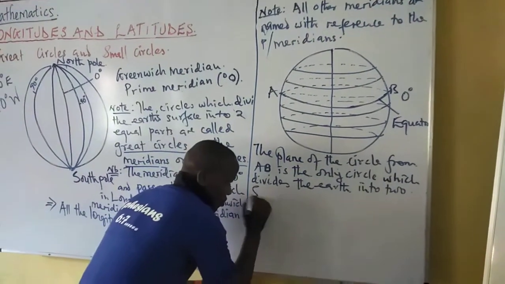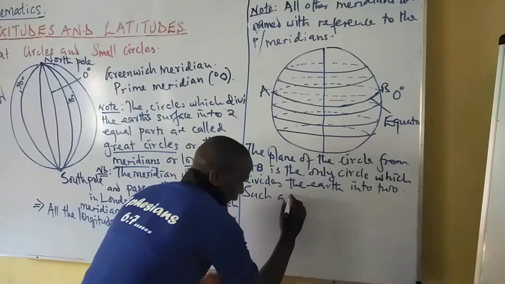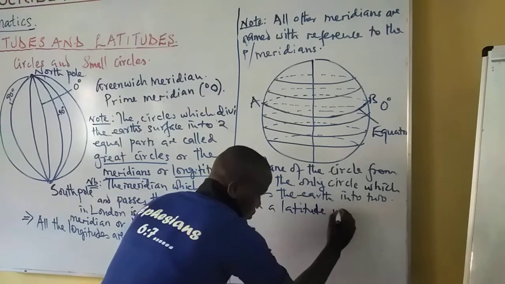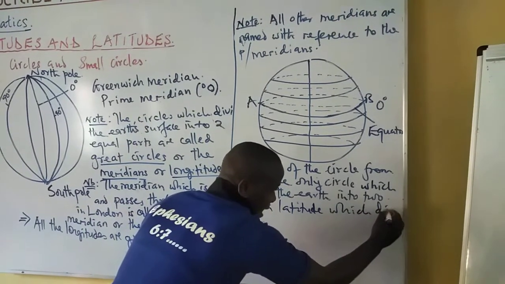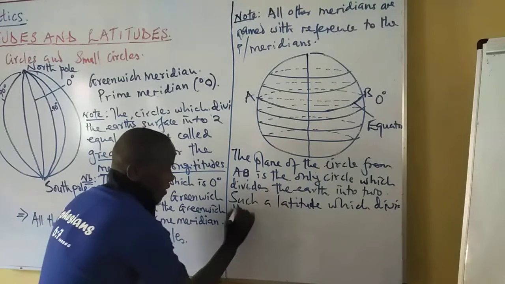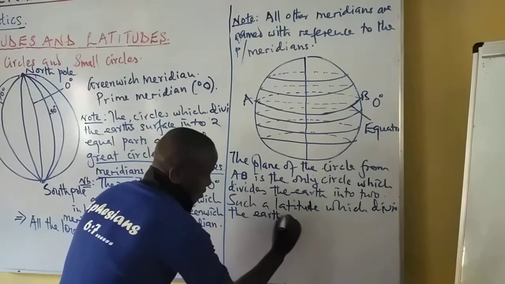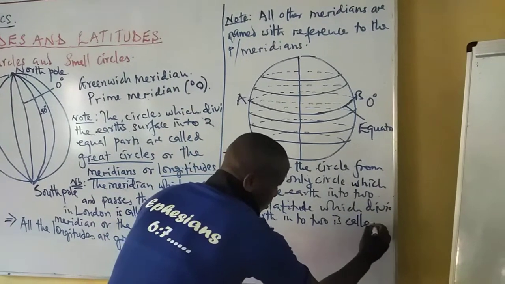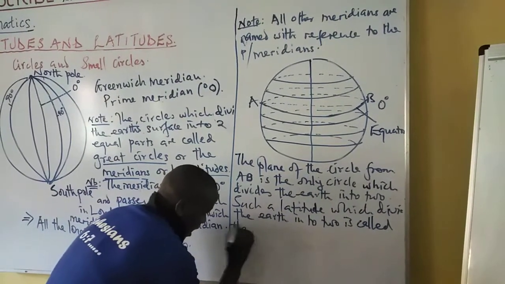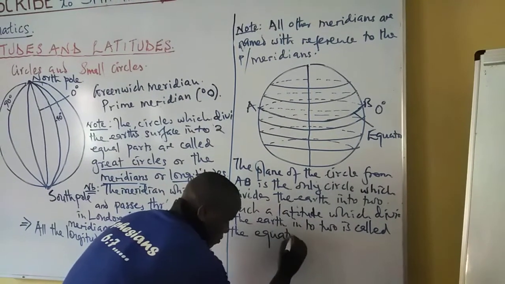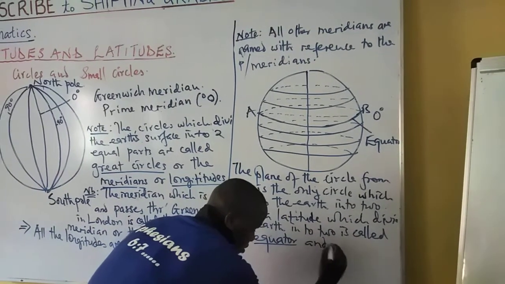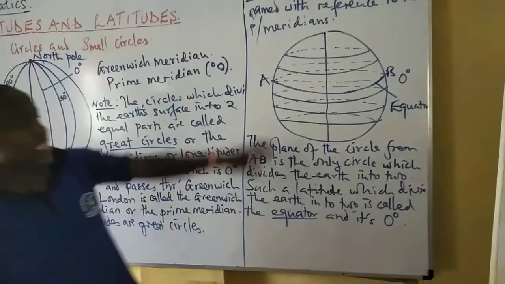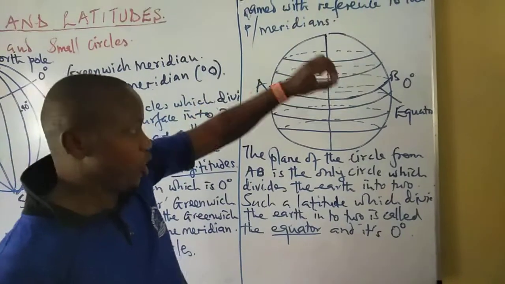So such a latitude which divides the Earth into 2 is called the equator, and it is 0 degrees. So this is the equator and it is 0 degrees.